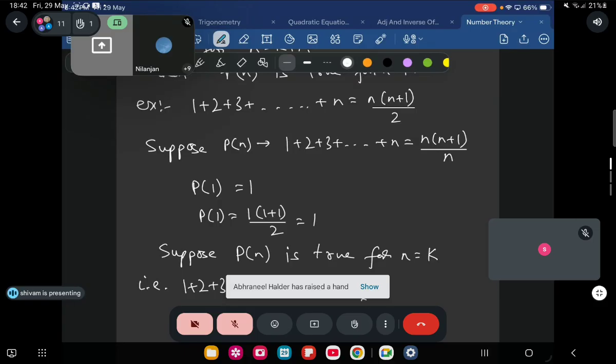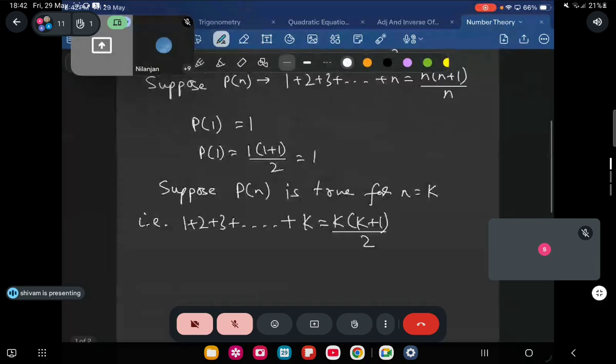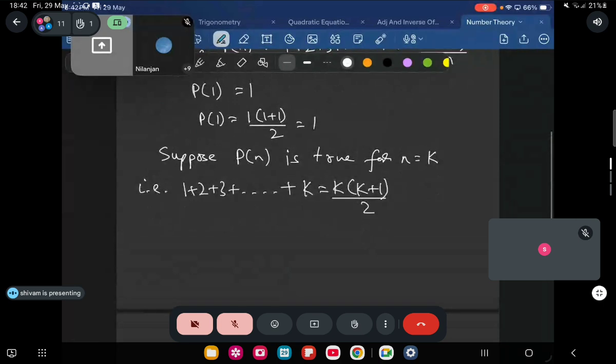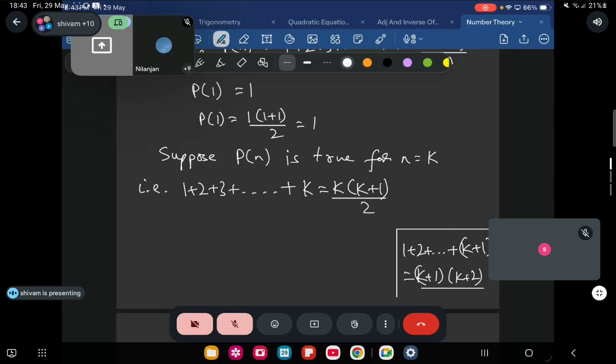Now we have to prove it for k plus 1. In rough work, you just understand what the statement for k plus 1 will be. That is, 1 plus 2 plus up to k plus 1 will be equal to k plus 1 into k plus 2 divided by 2. Instead of n equal to k, you just substitute n equal to k plus 1. If it is true for k plus 1, then the statement is true for n equal to k.